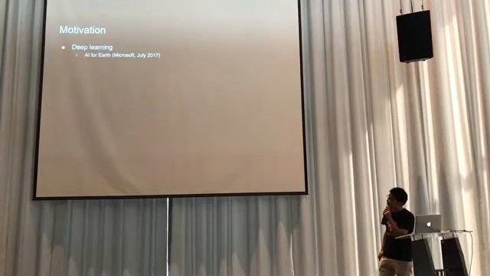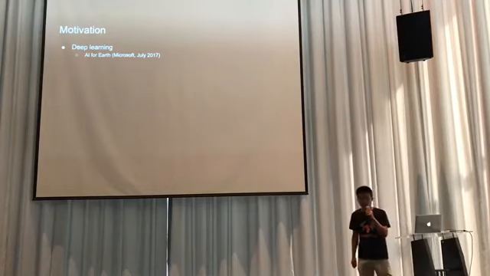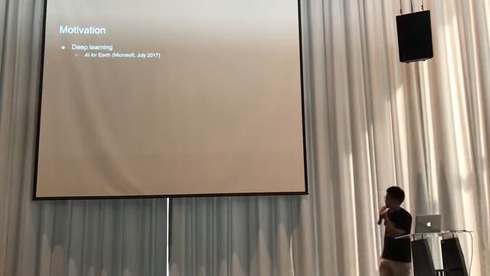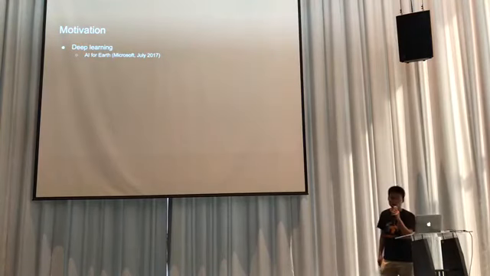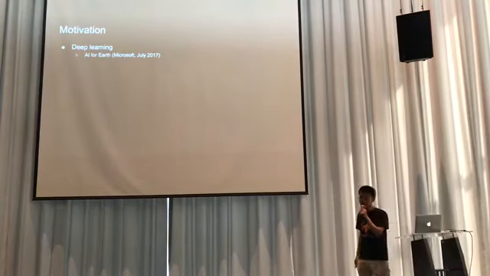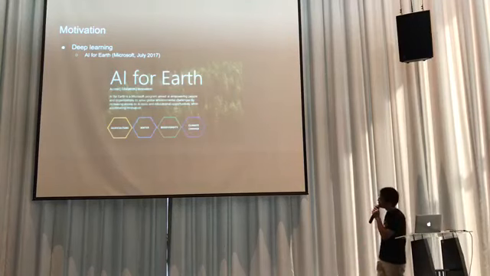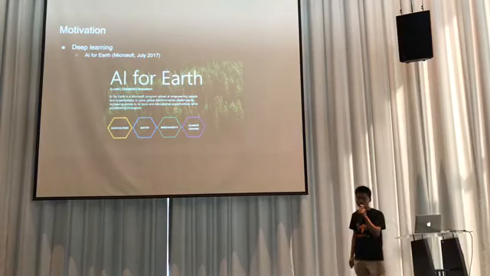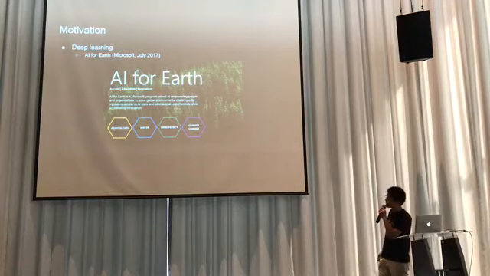So, in this project, we're using the deep learning method. In this July, Microsoft announced a program about artificial intelligence for Earth. The aim is to address environmental problems using artificial intelligence. It includes agriculture, water, biodiversity, climate change.